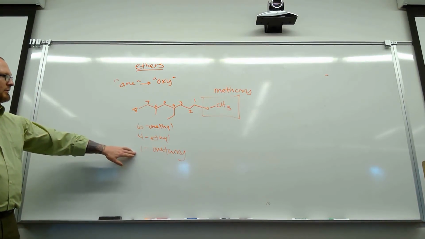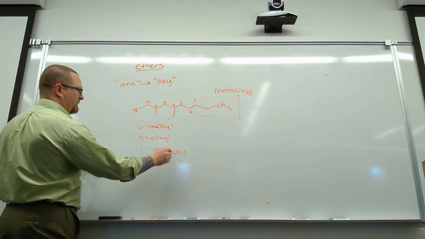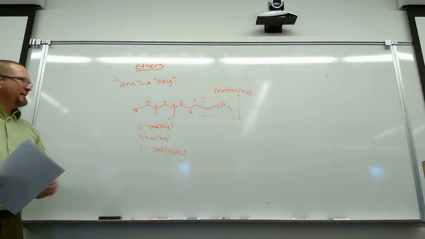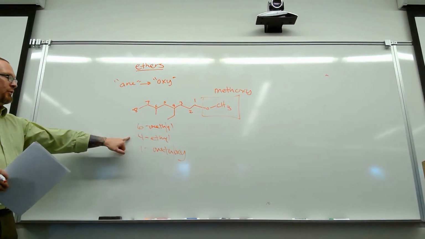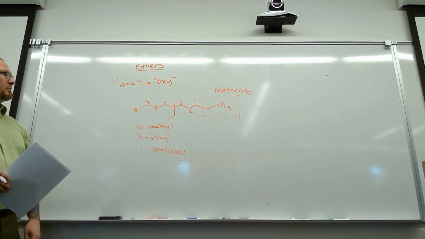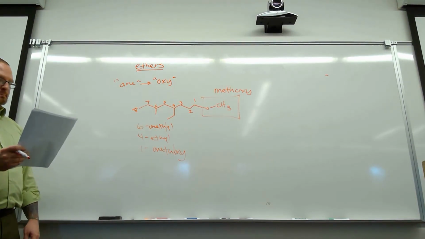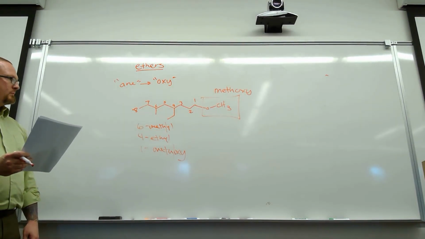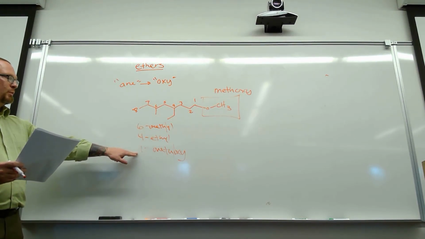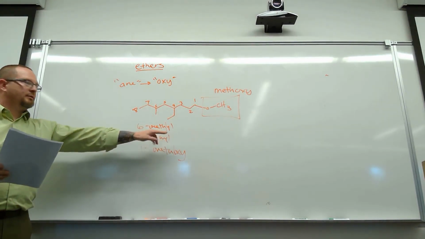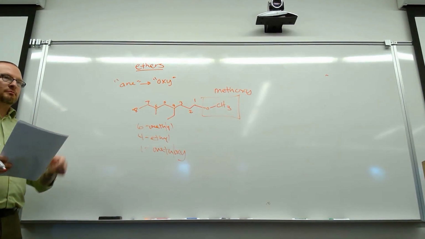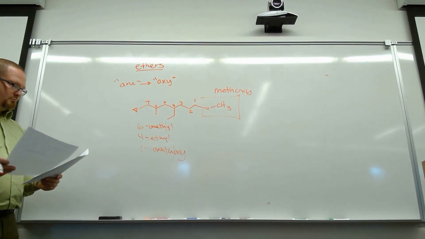Alphabetically, methoxy is before methyl. So this would be 4-ethyl, 1-methoxy, 6-methyl octane. It's not methoxyl, it's methoxy, because the O becomes a Y. Why would you put 1-methoxy?